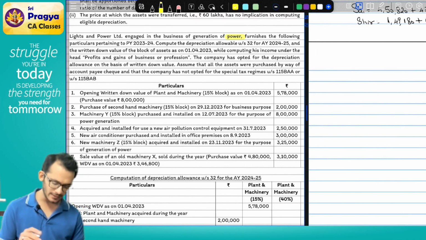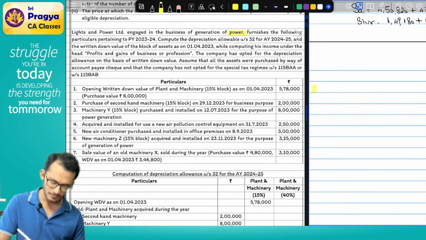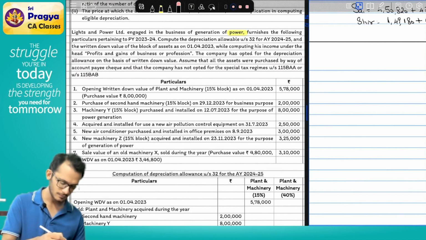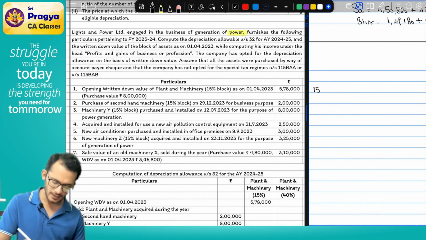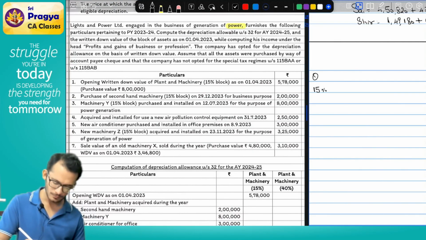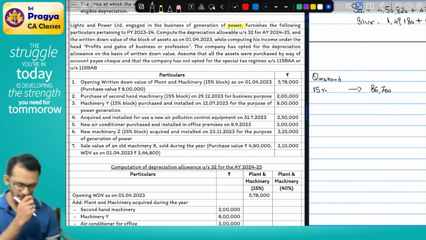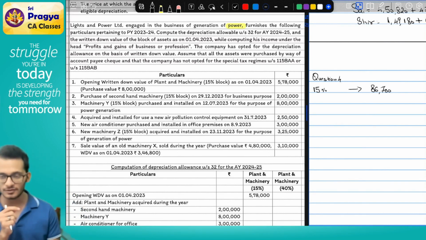What is the rate of percentage? 15%. So therefore the number will be 86,700.